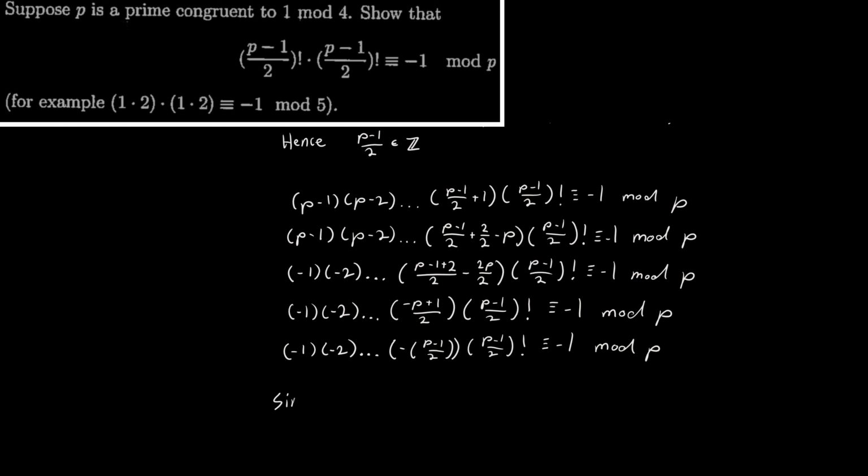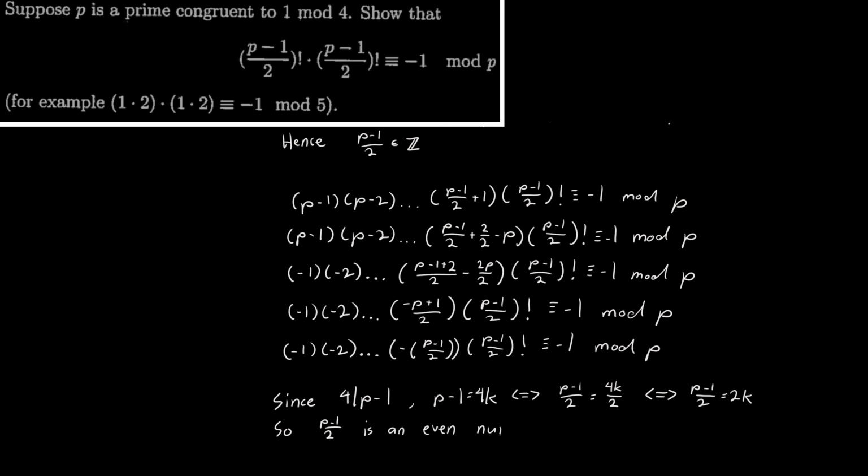So I'll just restate that since 4 divides p-1, p-1 is equal to 4k, and that implies that (p-1)/2 is equal to 4k/2, which implies (p-1)/2 is equal to 2k, which is a restatement of what I said earlier, but you can see more clearly that (p-1)/2 is an even number.